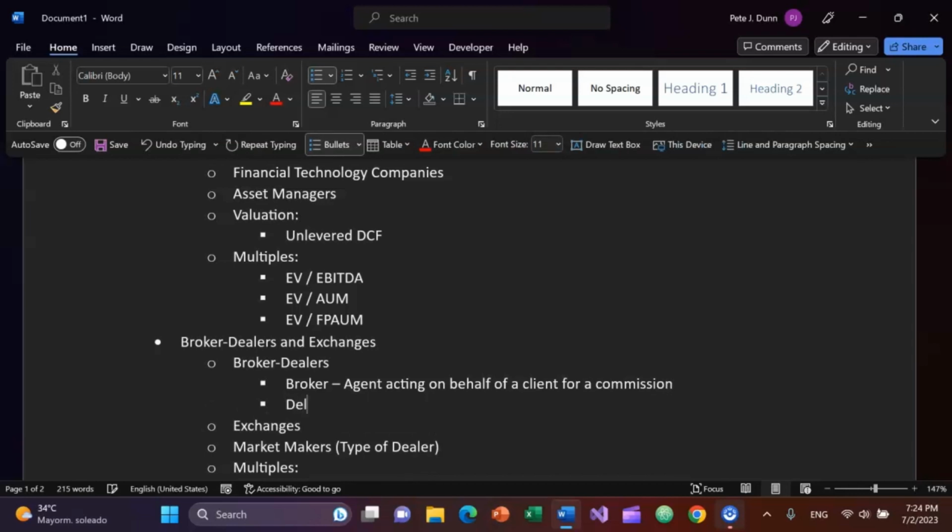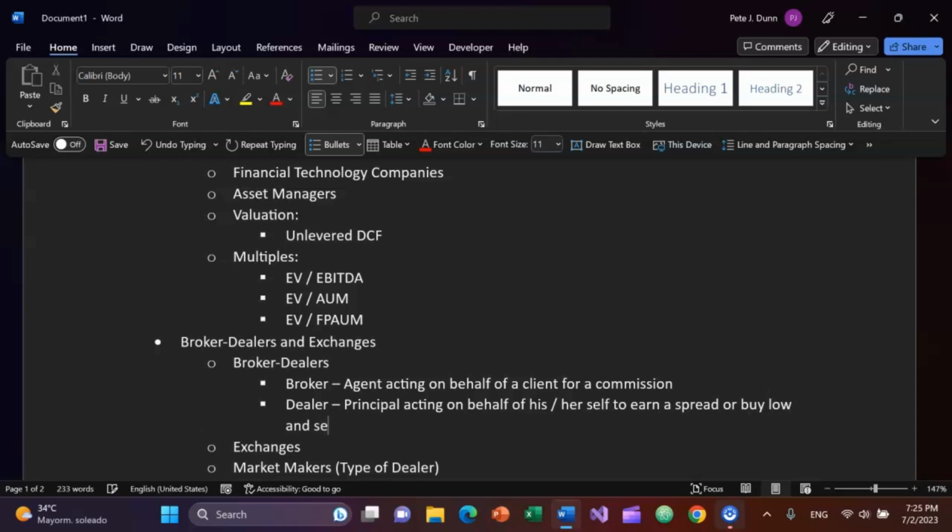And a dealer is a principal acting on behalf of his/herself to earn a spread, or buy low and sell high.